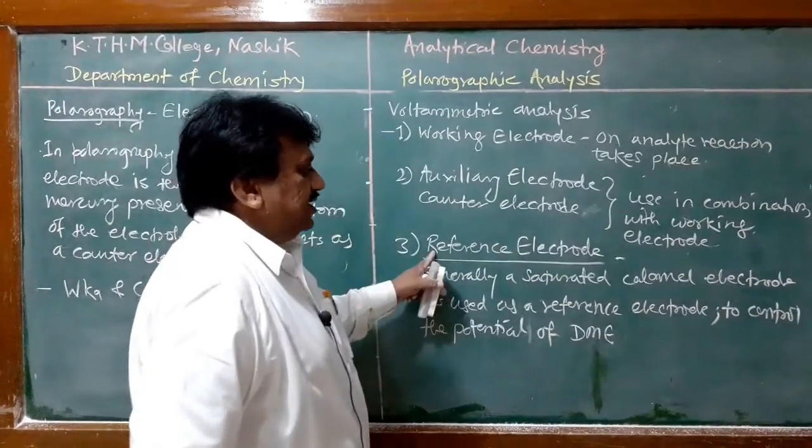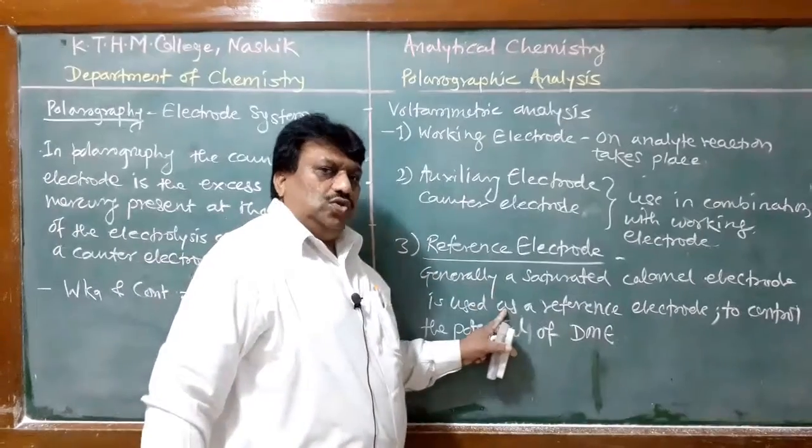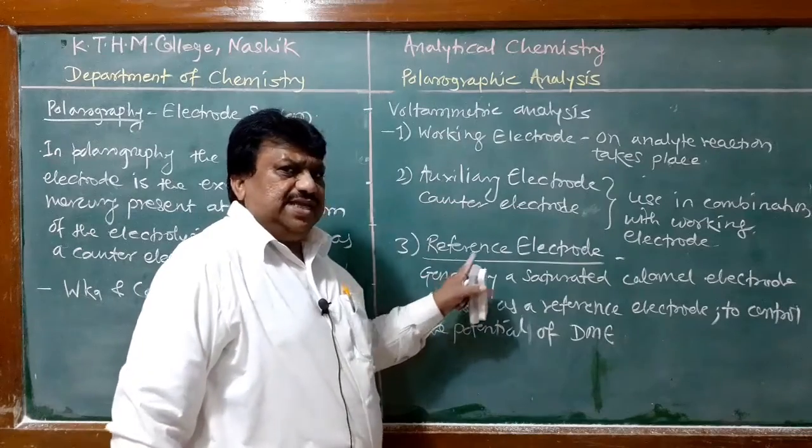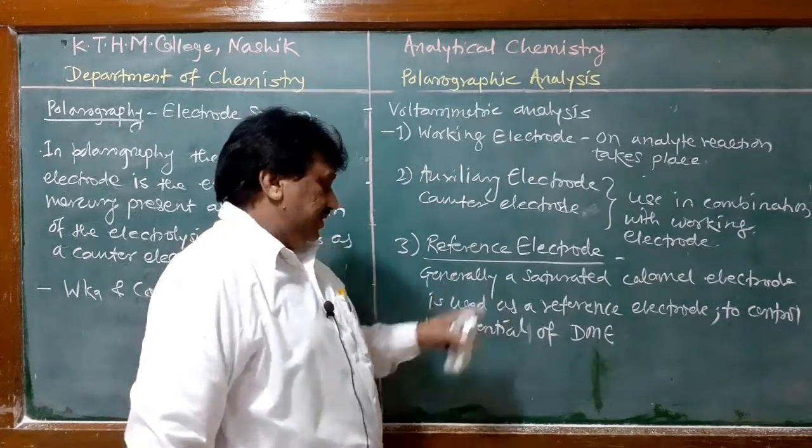Here the reference electrode is coupled to the dropping mercury electrode, and the potential difference between the DME and the saturated calomel electrode is monitored.